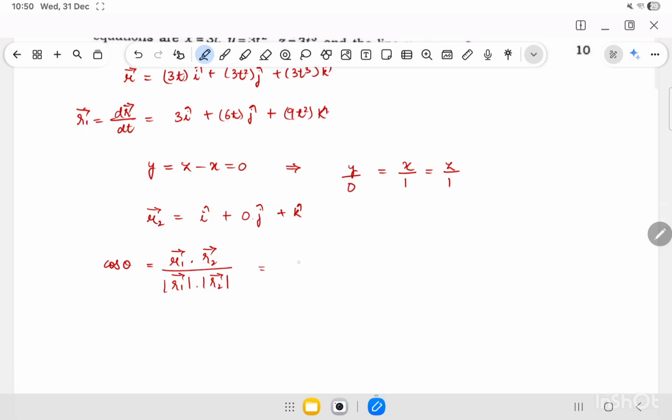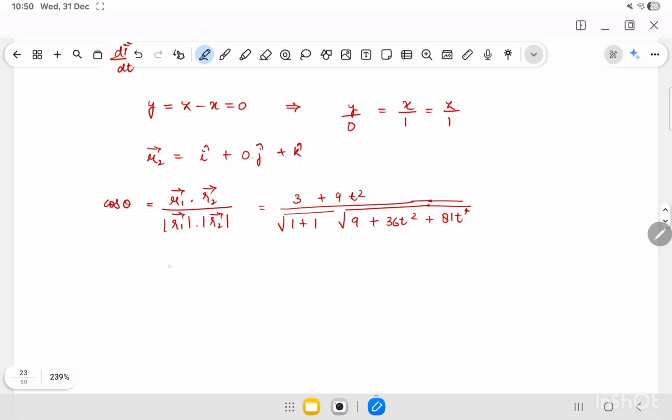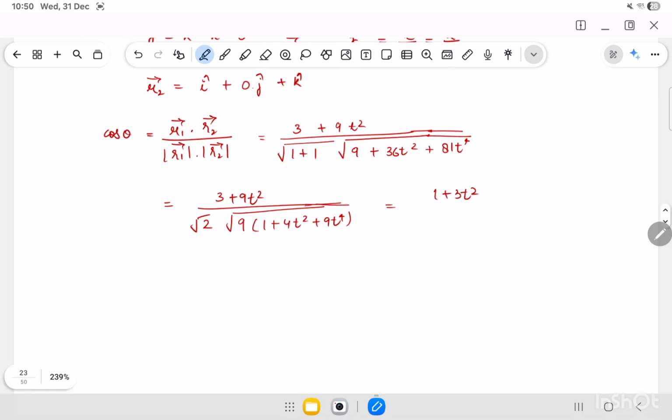So r1 dot product with r2 will be 3 plus 9t square divided by square root of 1 plus 1 divided by square root of 9 plus 36t square plus 81t raised 4, which can be simplified as 3 plus 9t square divided by square root 2 divided by 9 times 1 plus 4t square plus 9t raised 4, which is basically equal to 1 plus 3t square divided by square root 2 multiplied by 1 plus 4t square plus 9t raised 4.